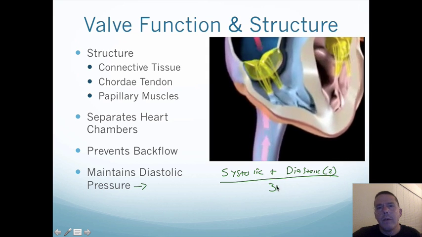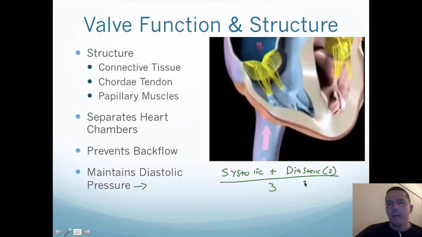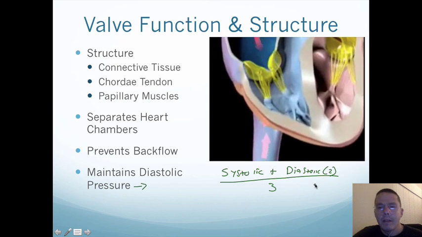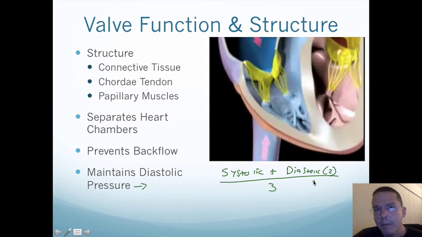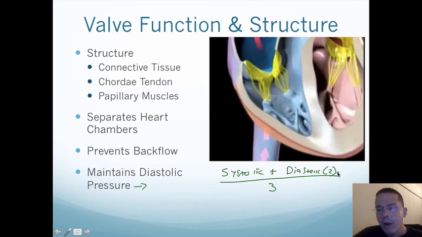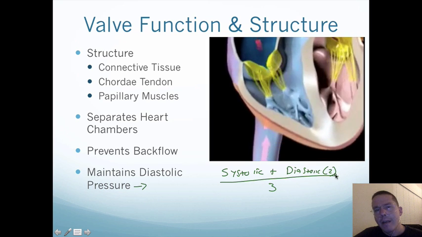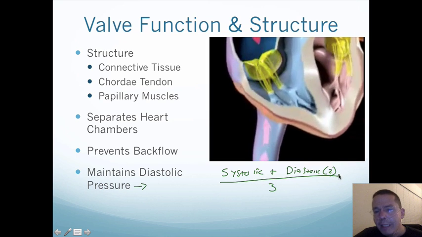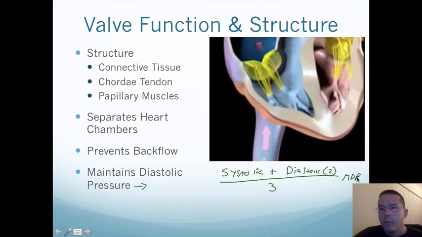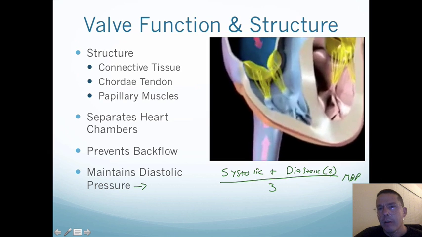Now, if you have a normal valve and the diastolic pressure is maintained at whatever the normal value is, everything's going to be all well and good. But if something were to happen and the valve were to be removed or non-functional, an abnormally low diastolic pressure is really going to affect the mean blood pressure in that particular area.